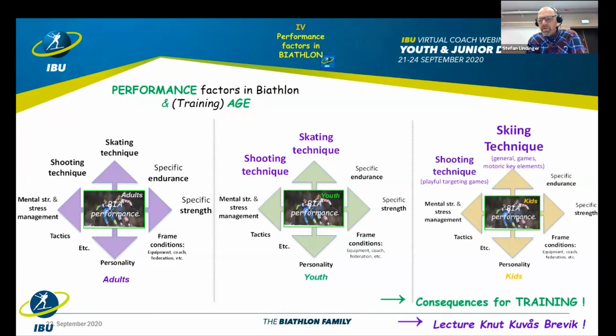And in kids anyway, it depends now how we define children, but generally spoken, endurance and specific strength can be very, very small. It's more of a general approach here. We do a lot of different things, different sports, but skiing technique, and I don't even write skating technique, I say skiing technique, is generally spoken one of the most important things, and we need this games approach.